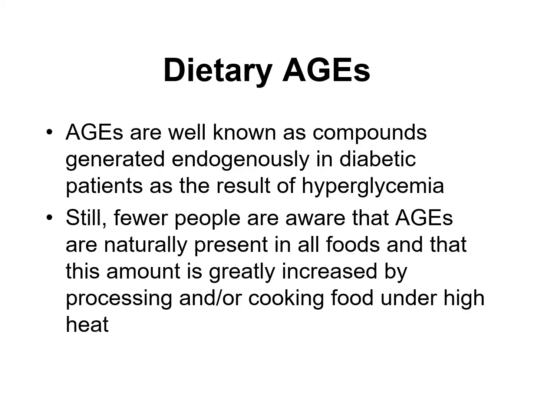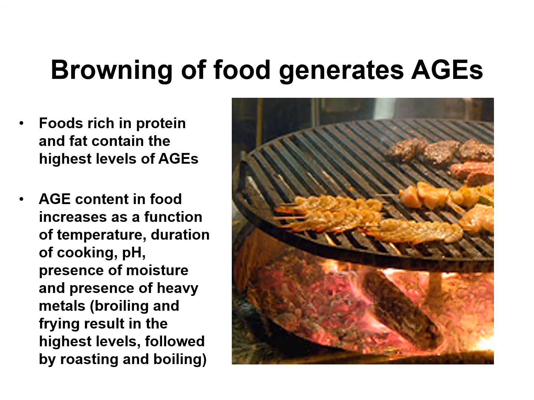Now, AGEs are very well known as compounds generated endogenously in diabetic patients as a result of hyperglycemia. However, fewer people are aware that AGEs are naturally present in all foods, and this amount is greatly increased by processing and/or cooking food under high heat.